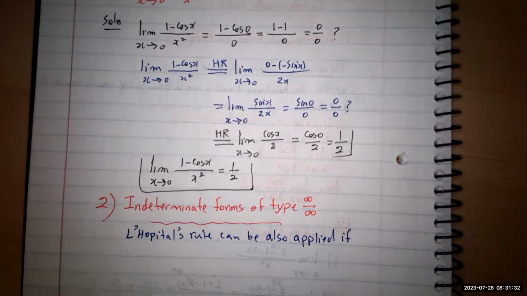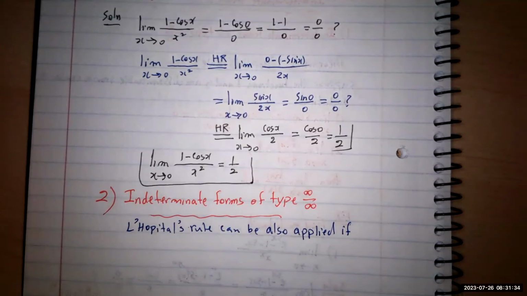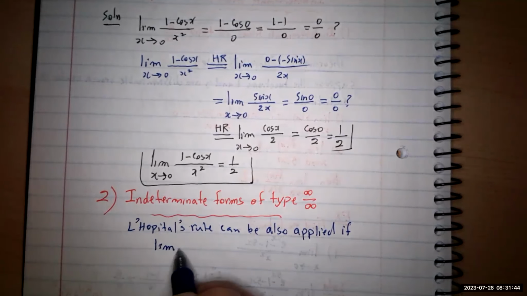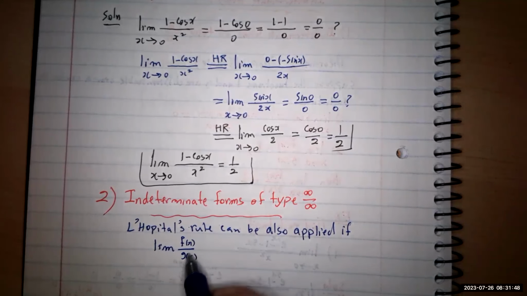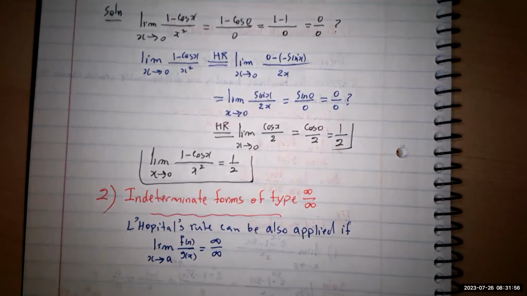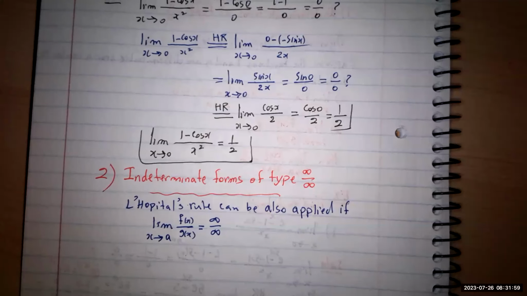If the limit of f of x over g of x as x goes to a is equal to infinity over infinity, you check it.